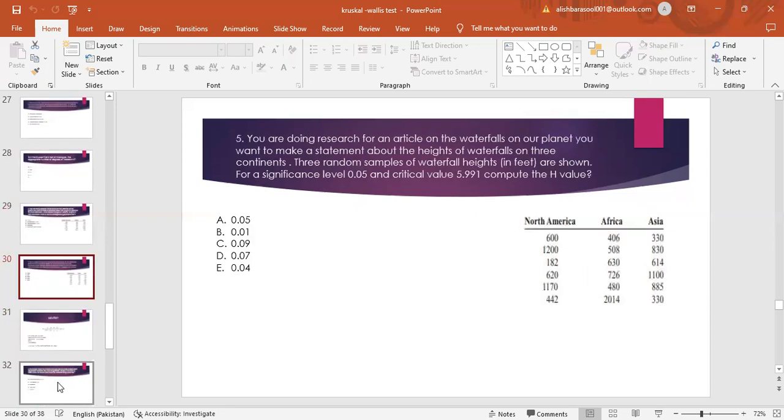You are doing research for an article on the waterfalls on our planet. You want to make a statement about the height of waterfalls on three continents. Three random samples of waterfall heights in feet are shown. For a significance level 0.05 and critical value 5.991, compute the H value. A, 0.05, B, 0.01, C, 0.09, D, 0.07, and E, 0.04.